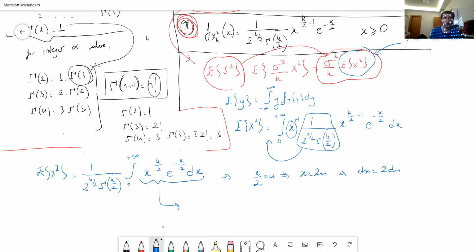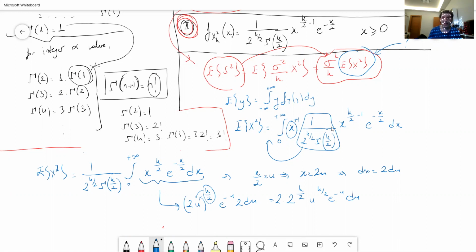X is replaced by 2u raised to the power k over 2, exponential minus u, times 2 du. Let's distribute the power to both elements: 2 to the k over 2, u to the k over 2, exponential minus u, times another 2, du.